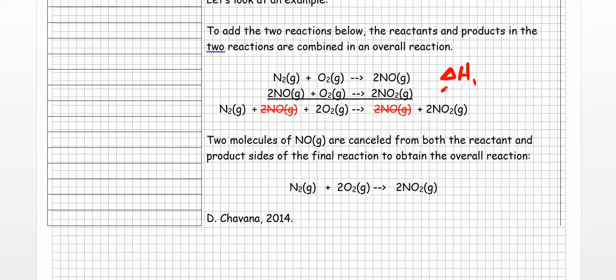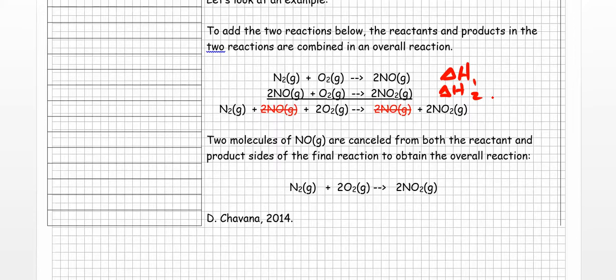That has a delta H associated with it. I'll call that delta H2. Now what if I were to add those two reactions together? Well, I would have N2, which is a gas, plus 2NO, which is a gas, plus 2O2, which is a gas. Those are the reactants. And on the product side, I would have 2NO gas plus 2NO2 gas.